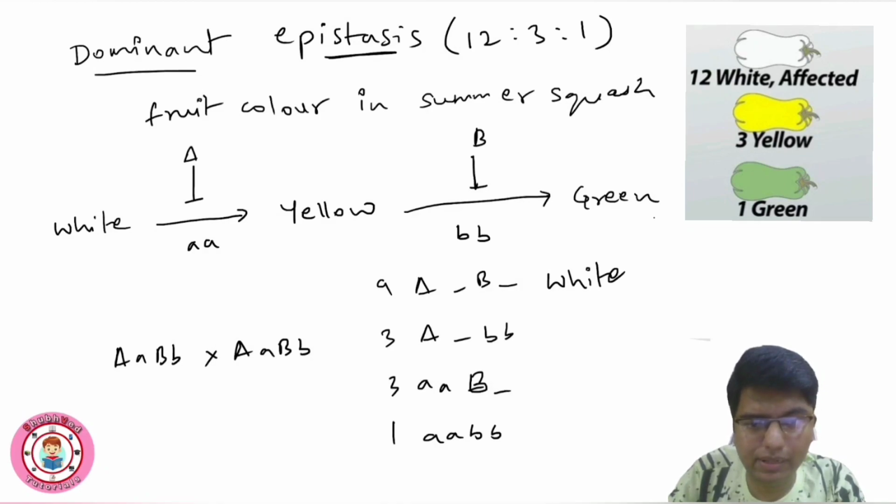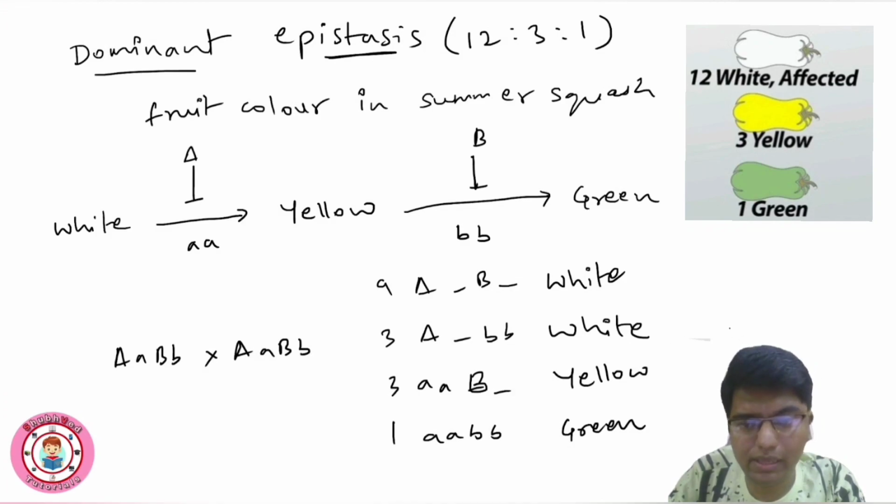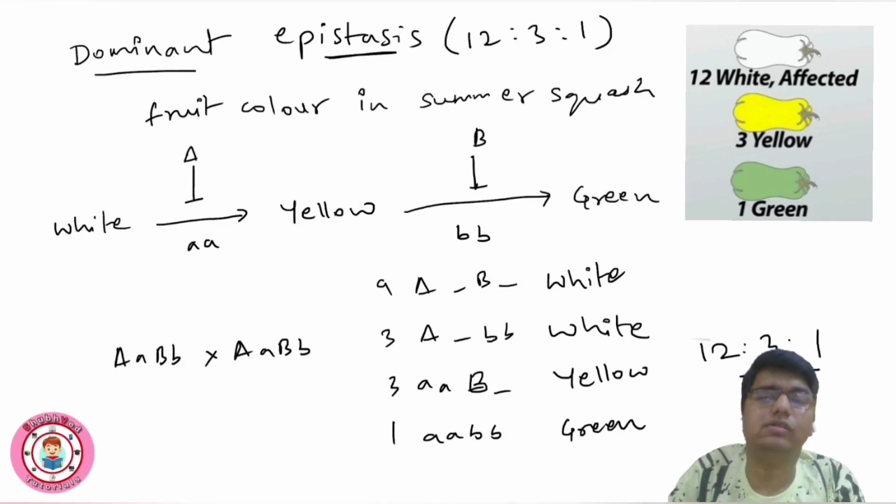Then capital A and small bb will also be white. Then small a and B dash will be yellow, because B will suppress. And small aa small bb will give green. So the ratio will be 12 white, 3 yellow, and 1 green. This is the modified ratio of dominant epistasis.